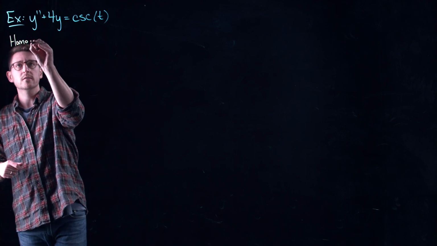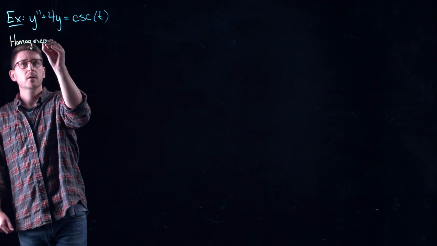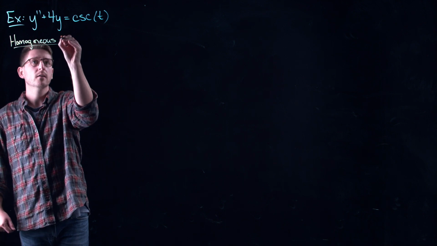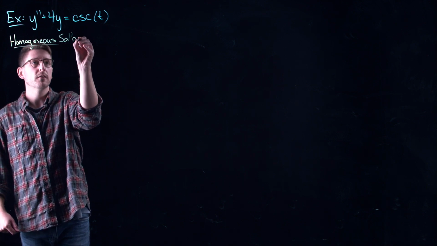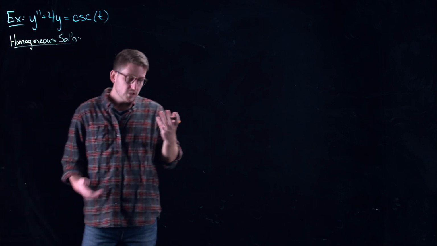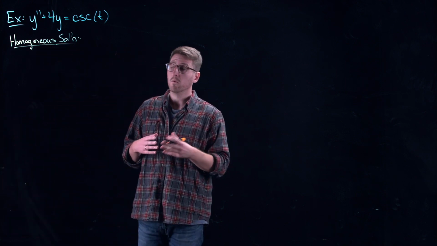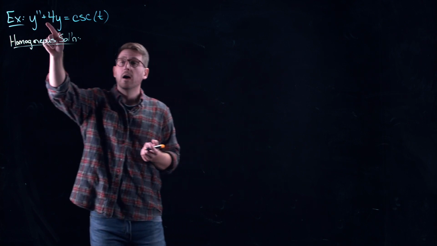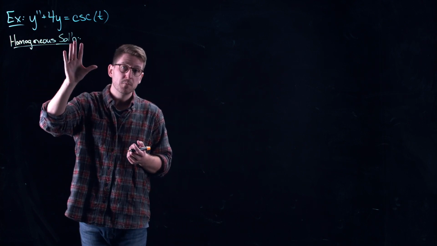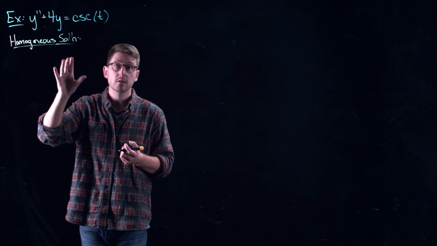Okay, well, the homogeneous solution. Remember from the theorems that I had on the previous video, the homogeneous solution is an integral part, right? It's the easy part that we can get with minimal effort, and it's the first piece of finding the solution to the differential equation.